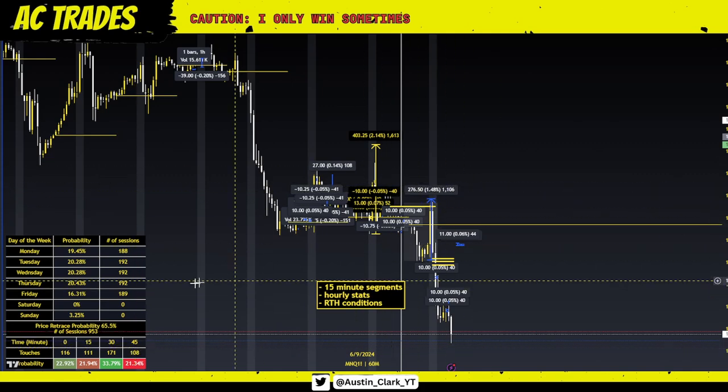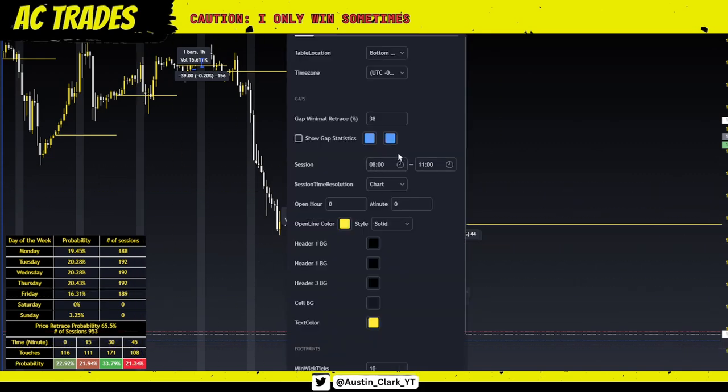And so now we know if I'm doing 8 to 11, from a statistical standpoint, 8:30 to 8:44, 9:30 to 9:44, and 10:30 to 10:44, those 3 segments have the highest probability of this retracement happening.